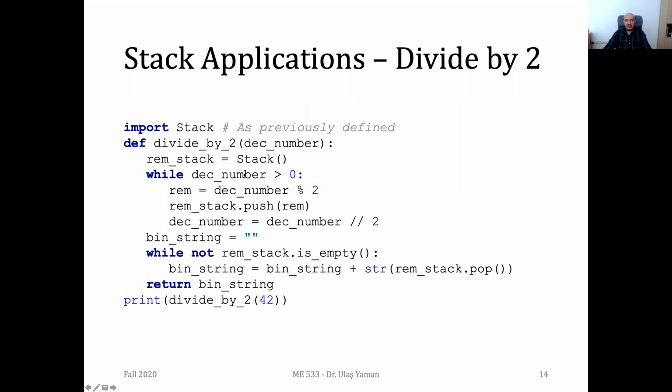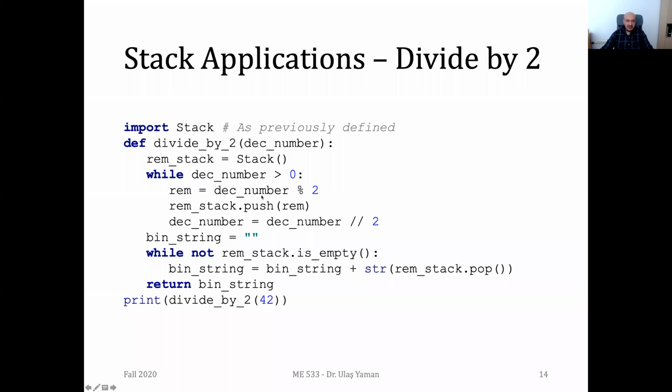And then if the decimal number is greater than 0, we do some divisions and we store the remainder. This operator is giving us the remainder from this division operation. And then what we do is simply put that remainder into the stack, and then divide our decimal number once again by 2, and then we continue.